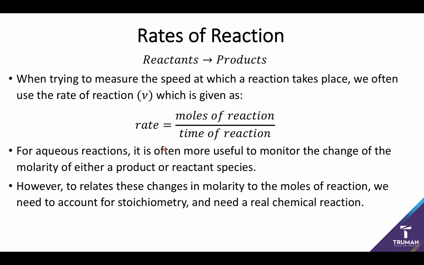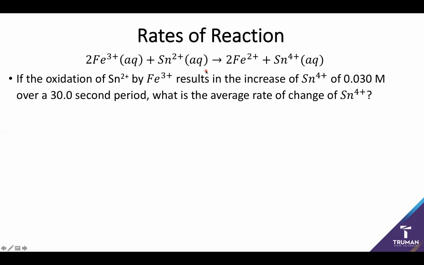One of the other things is that we need to account for stoichiometry. If I end up generating products, I will be consuming some stoichiometric equivalent of reactants. So the first thing we really need to pull out of the way when looking at rates is acknowledging stoichiometry. Let's do this by looking at the oxidation of tin 2 plus by iron.